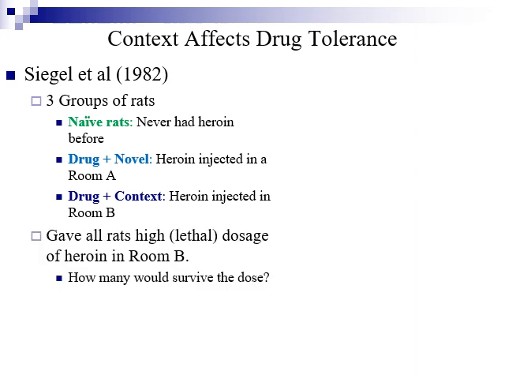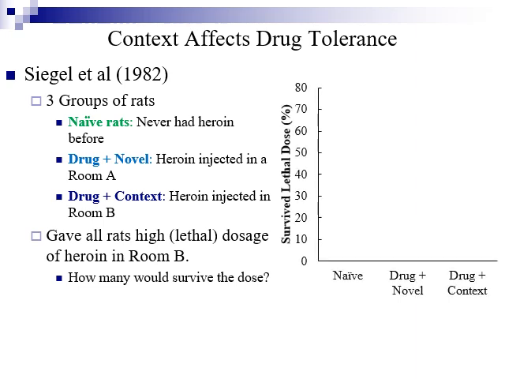Then he gave all of the rats a lethal dose, twice as much as what the rats had been getting. And the question was, we give them this lethal dose, how many of them survive?